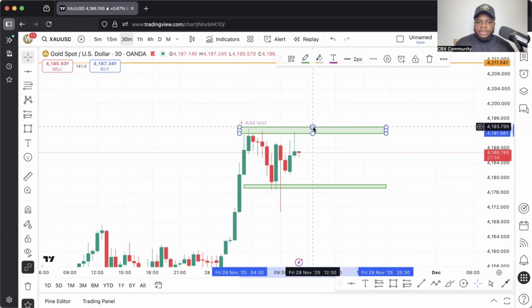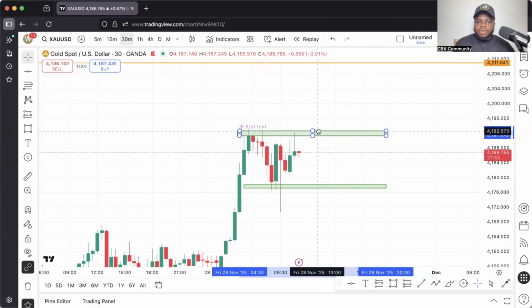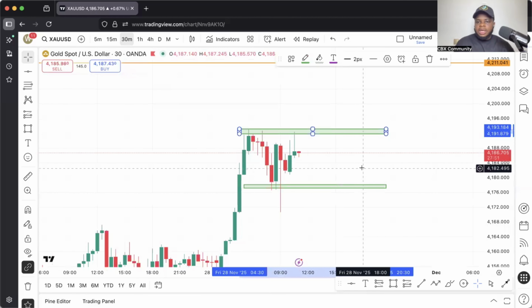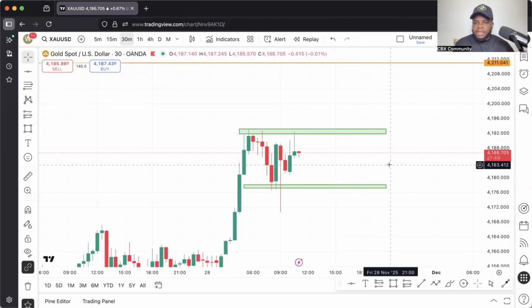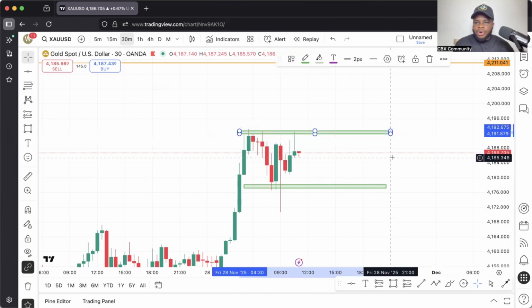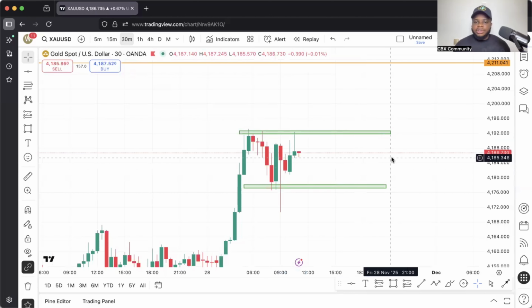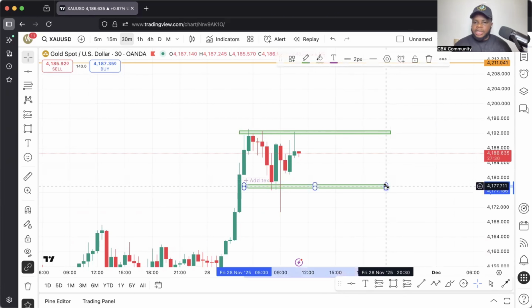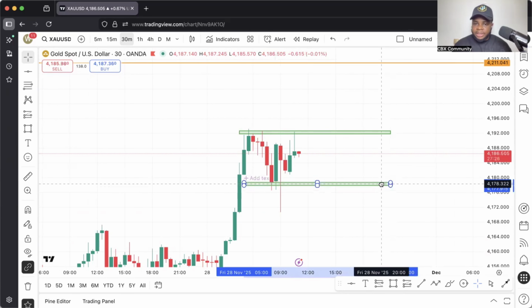Because of the range, it's very important for you to know how much you want from the market and how much you are risking in a trade. Once you have an idea how much you want and how much you are risking, you'll be able to know if it is the right time for you to take a position. Then with the high probability setup, when you see a good setup, you can decide to open a position.